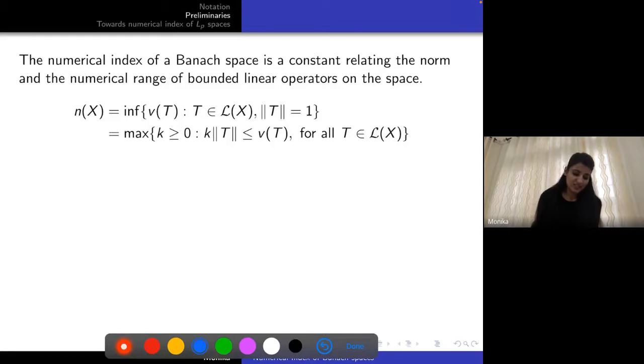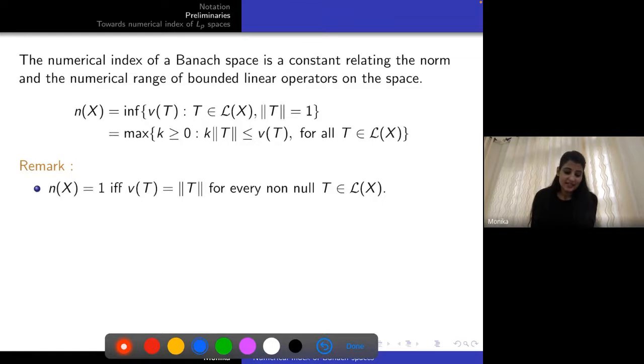The next definition is nothing but a reformulation of it. Infimum is the greatest lower bound, so we are taking the maximum of all the lower bounds. So the numerical index is the infimum of numerical radii of all norm 1 operators.